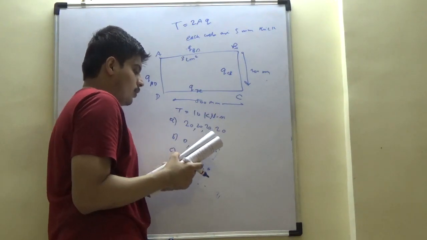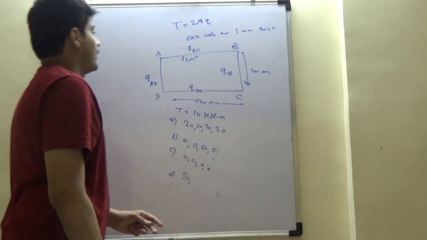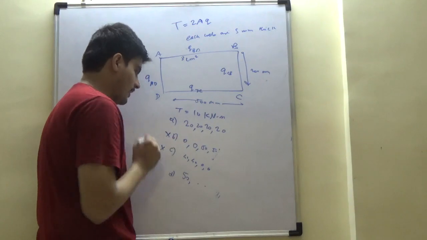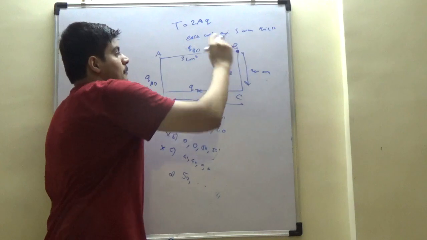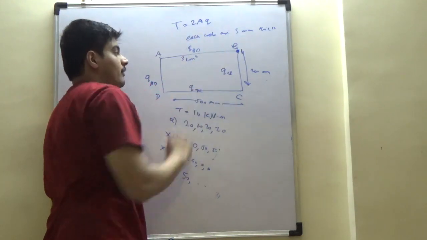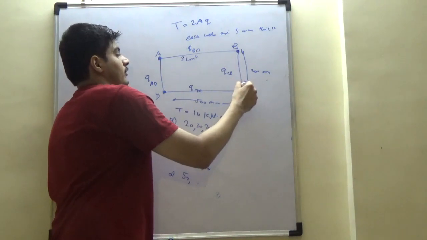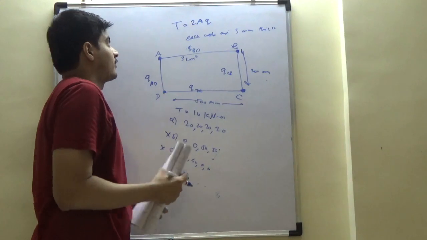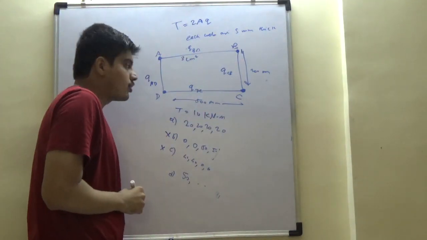So if you look at the area, qualitatively first of all, these options can be eliminated. Why? If shear flows are different, at the limbs there is going to be net movement, and this cannot sustain the bonds, which means the shear flow has to be uniform. It is a closed section, and for a thin section it is simply given as 2A into shear flow rate.